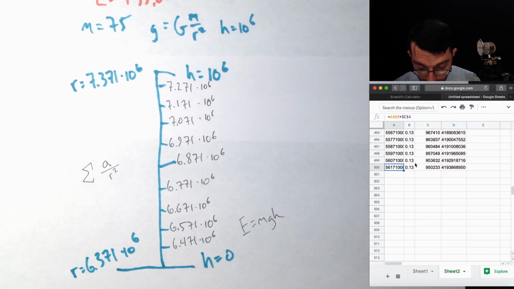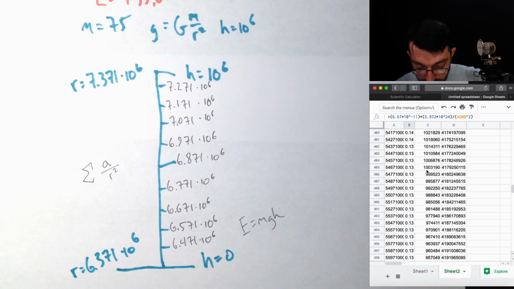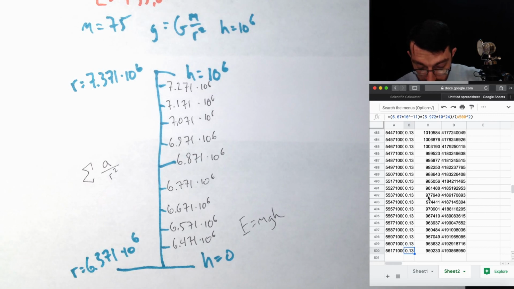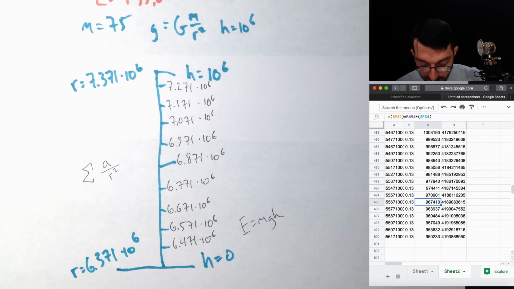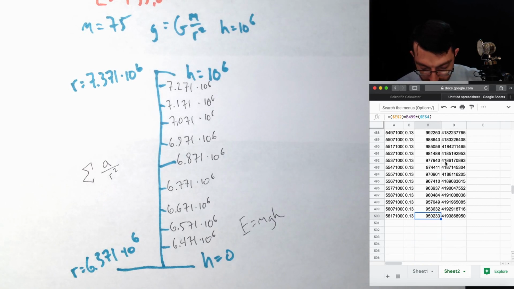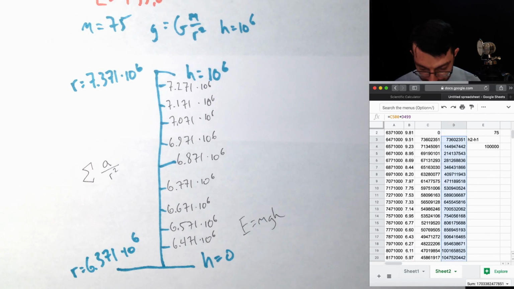At this point, gravitational acceleration is only 0.13. Now, do you notice how long it takes gravitational acceleration to change at this altitude? Do you notice how the amount of energy it takes to actually perform those jumps is so much less than it used to be? Do you notice how slowly this is changing now? Let's graph this, shall we?